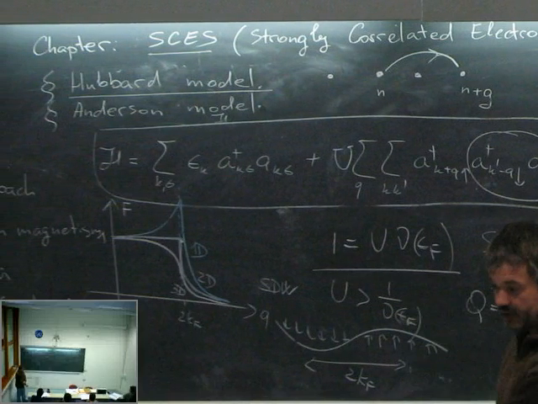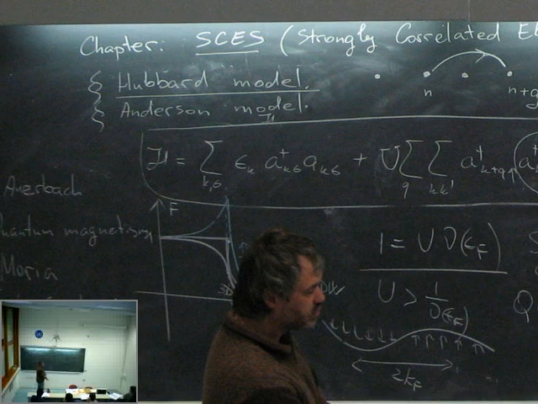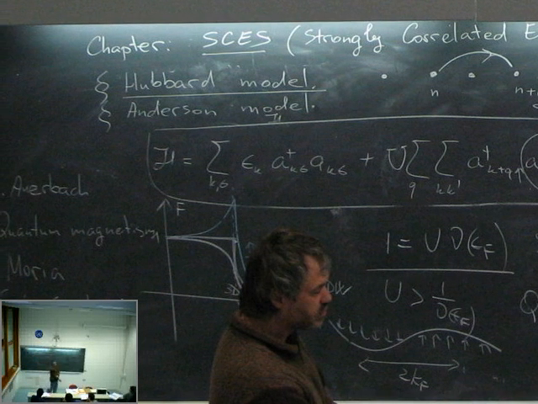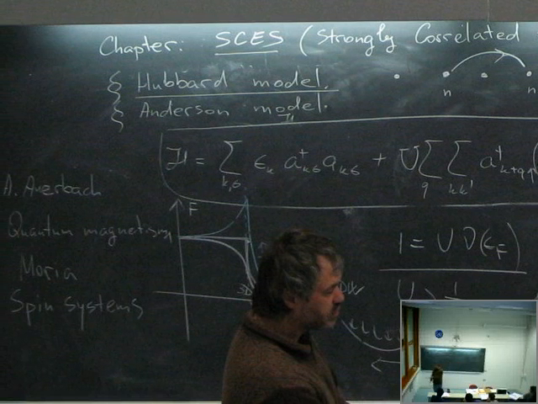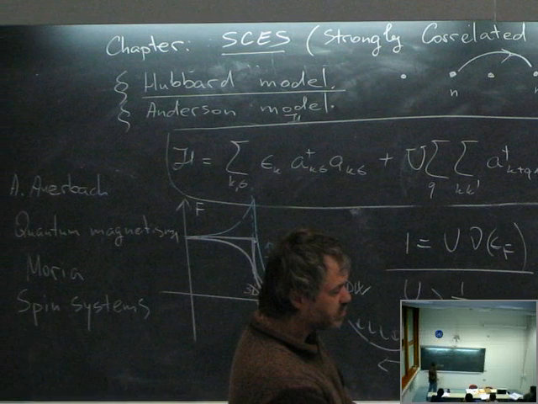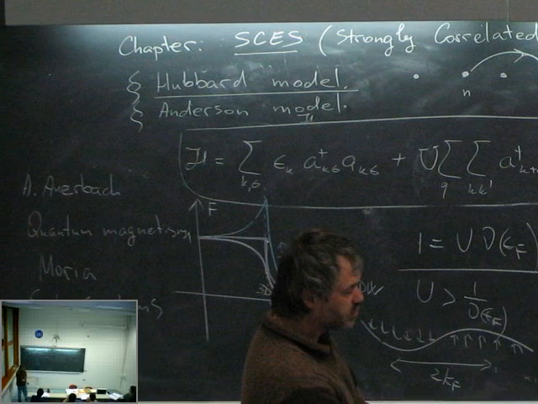These are modern tools. Local density approximation is a kind of density functional theory. Local density approximation, which takes into account U, is called LDA plus U, and all other types.